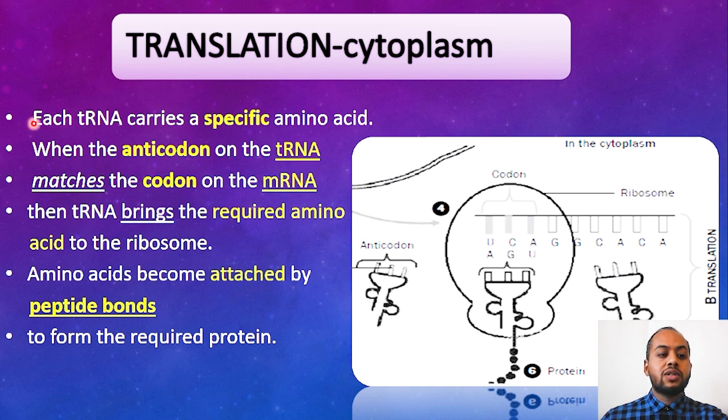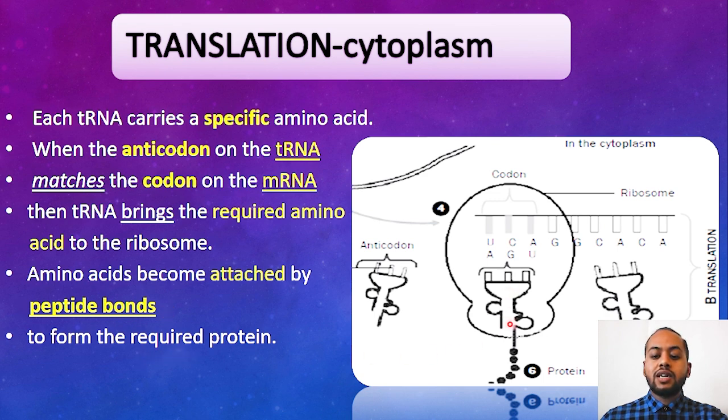I'm going to take you through it here on the left hand side. Each tRNA carries a specific amino acid. When the anticodon on the tRNA matches the codon on the mRNA, then the tRNA brings the required amino acid to the ribosome. Amino acids become attached by peptide bonds to form the required protein.